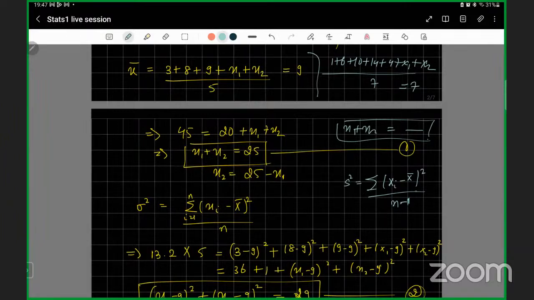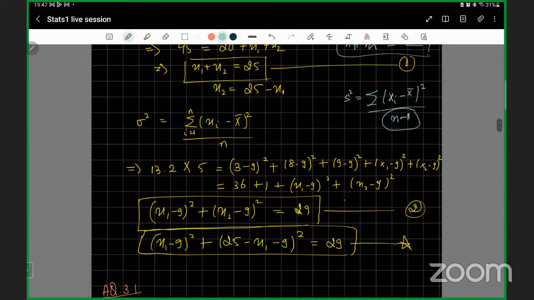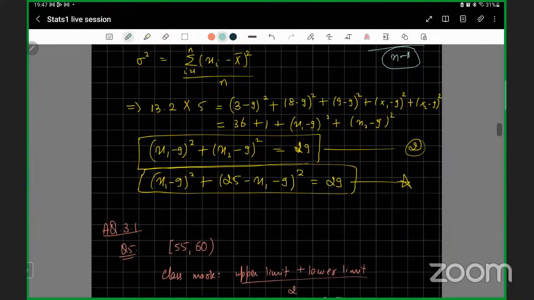In the denominator, you get n minus 1 instead of n. Then just solve the equation and you get the values, and you find the mod of x1 minus x2. That's all.